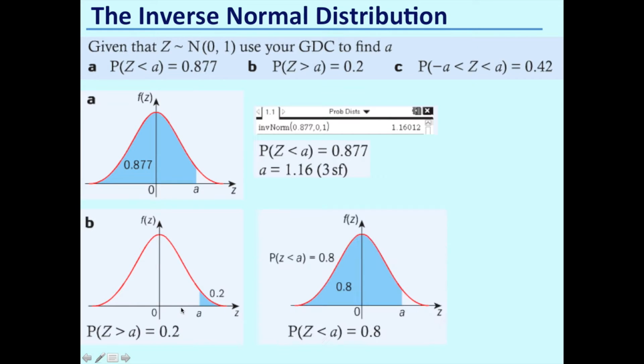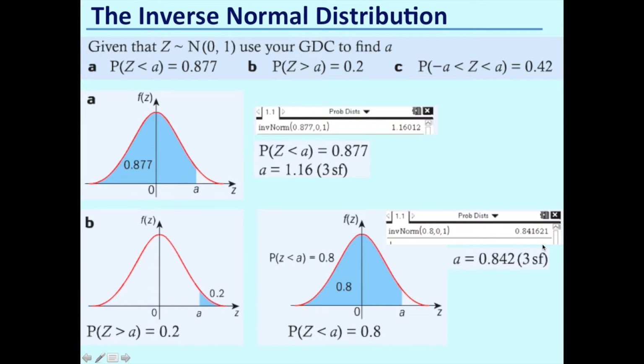So it's much easier to think of this as, in fact, finding the probability that z is less than a when this area here is 0.8. These two graphs are analogous, but it just means we're less likely to make a mistake when we enter it into our calculator, because we remember that the area is the area to the left of this value. Mean is 0, the standard deviation is 1, which gives us a value of 0.842.